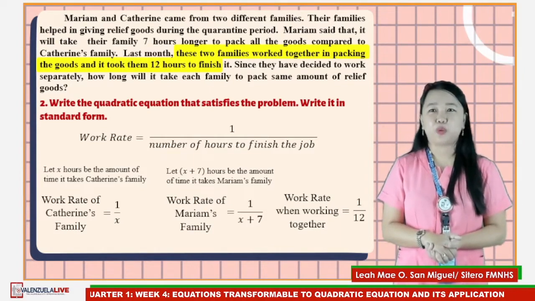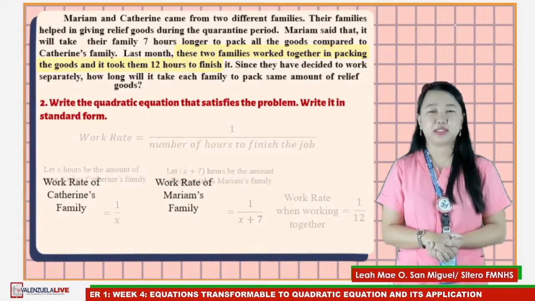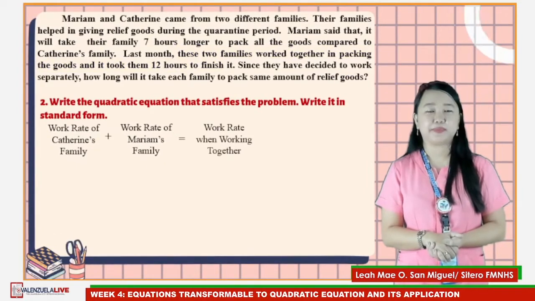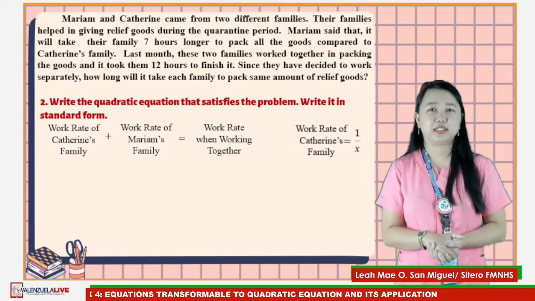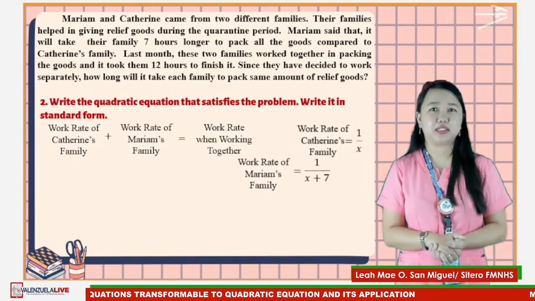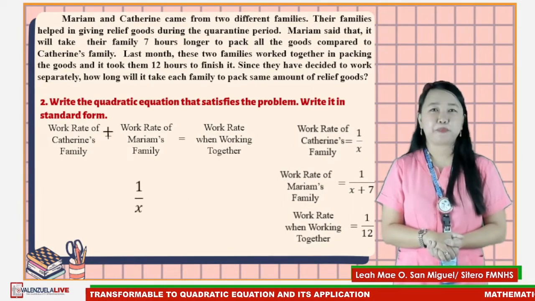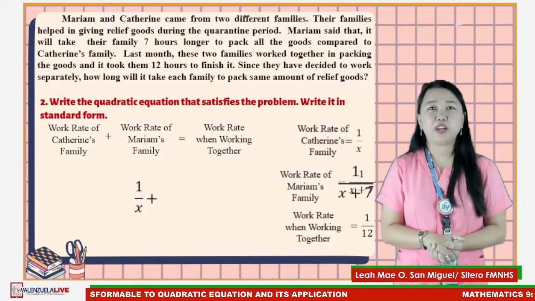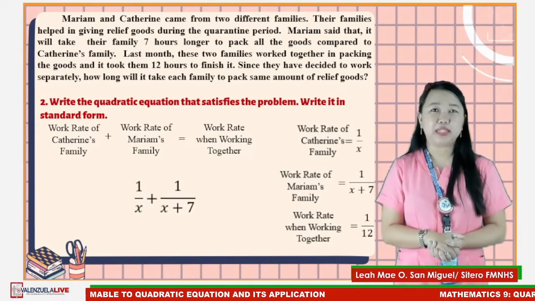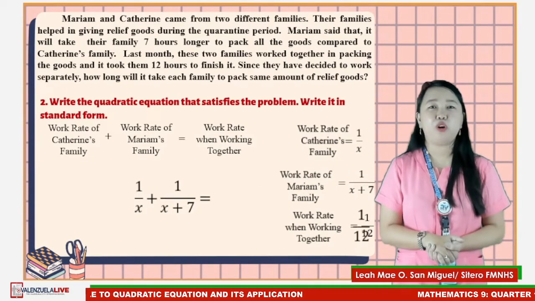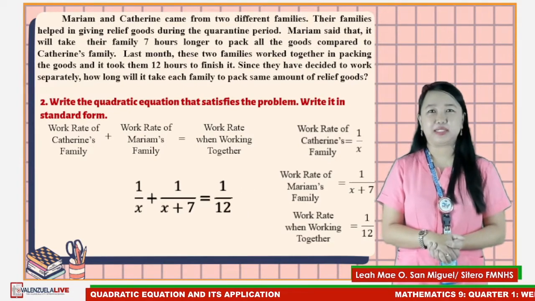Thus, the equation is 1 over x plus 1 over x plus 7 is equal to 1 over 12.